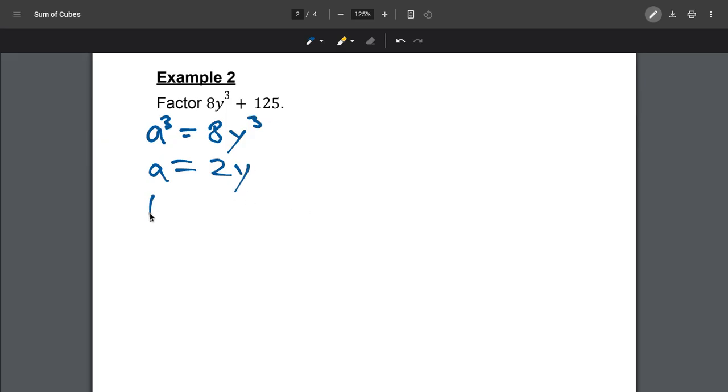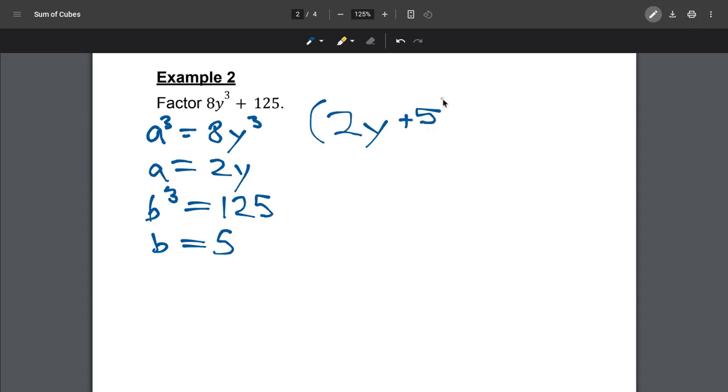And b cubed is 125. So b, the cube root of 125, is just 5. So we're going to start with a plus b. So 2y plus 5.